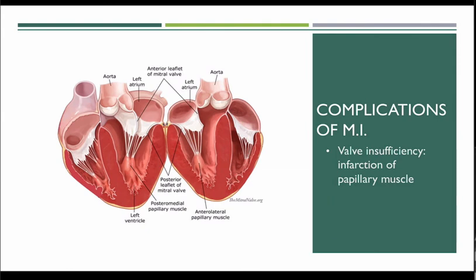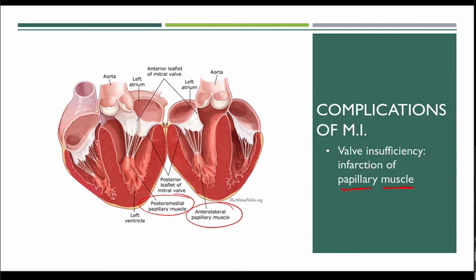The next one on the list is valvular insufficiency. And this can occur because of infarct to the papillary muscles. So if you remember, valves are actually under some control of the muscle, right? That can actually contract and help maintain the integrity of the valve. So during systole, your papillary muscles contract to prevent the tricuspid and the mitral valve from having an inversion or a prolapse.